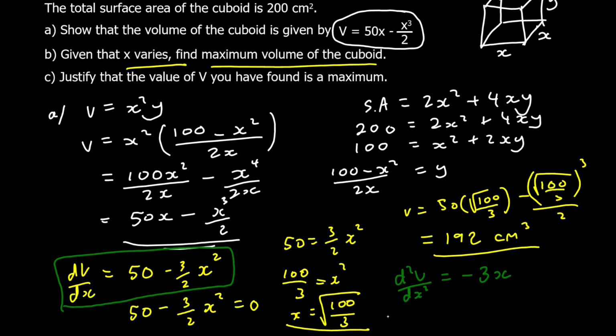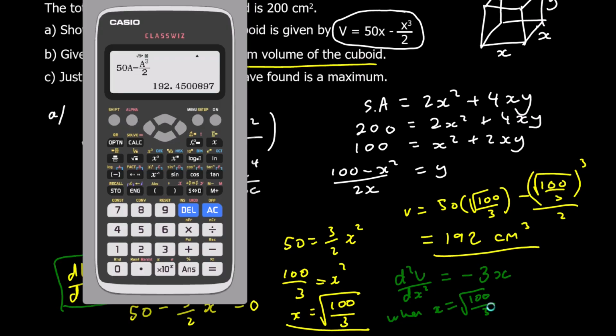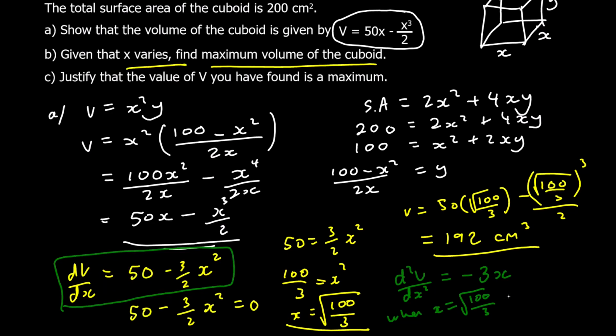And when x is the square root of 100 over 3, so negative 3 times a is negative 10 root 3. So it's negative, therefore it is a maximum. So the second derivative is negative, therefore it's a maximum point.